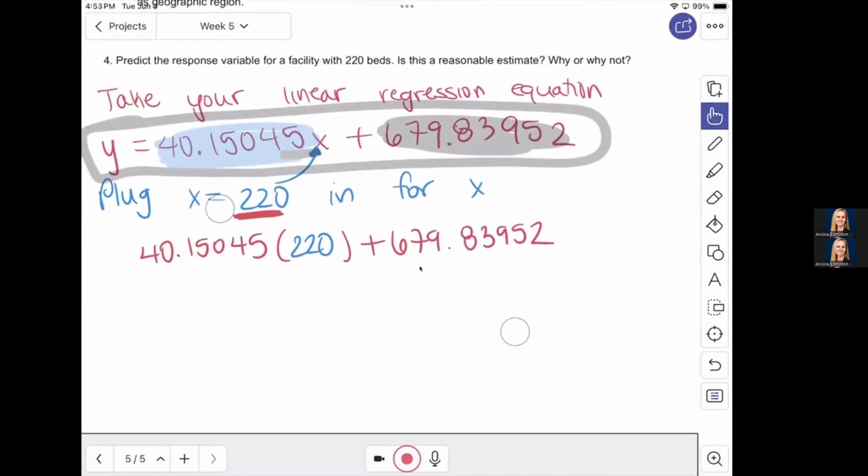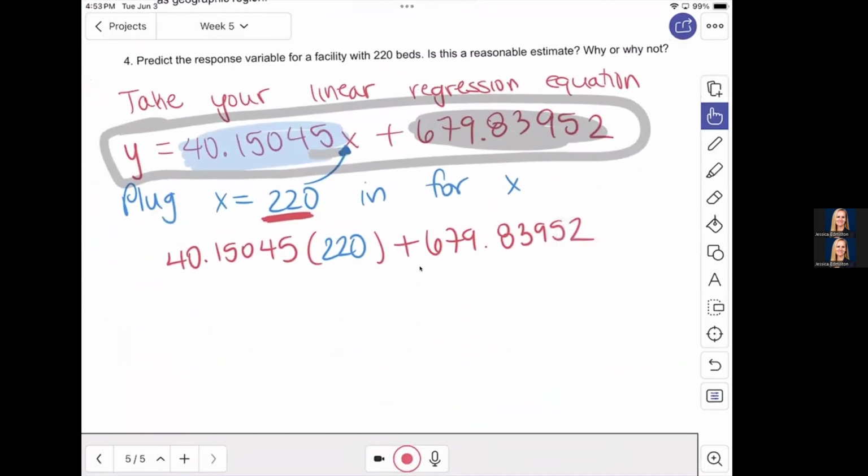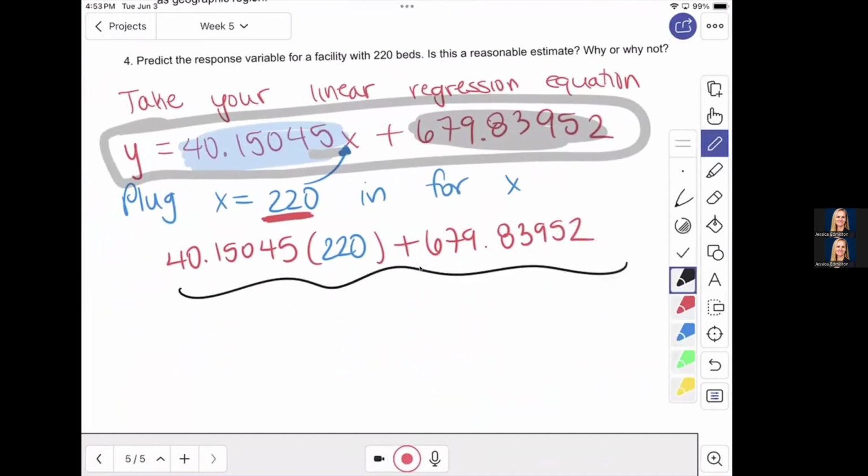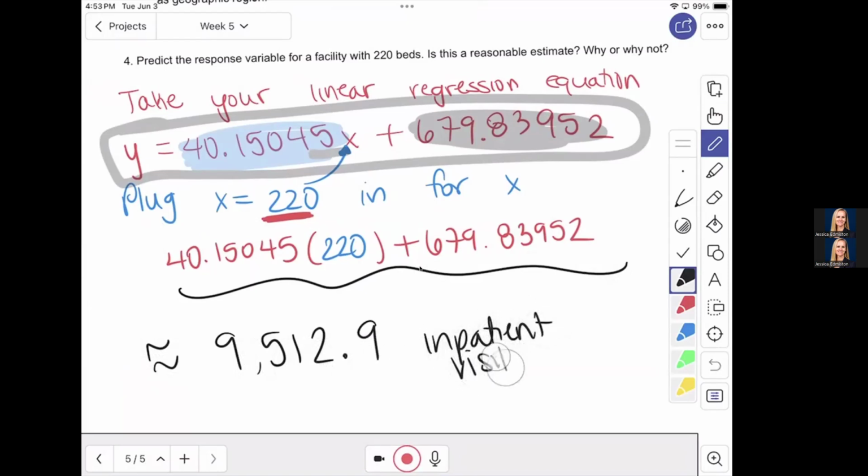Okay, let me write it. So when we plug that in, we got approximately 9,512.9 inpatient visits. And we might round that up to 9,513 if you wanted to.